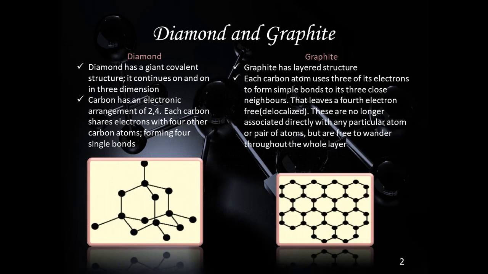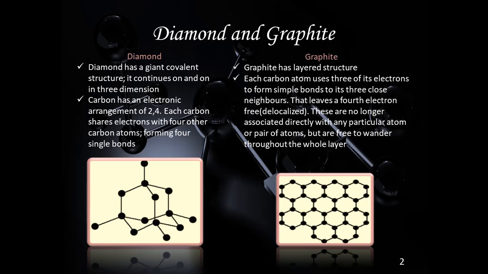Now have a look at some of the differences in properties between diamond and graphite. First of all, look at the diagrams. The structures of diamond and graphite are entirely different.